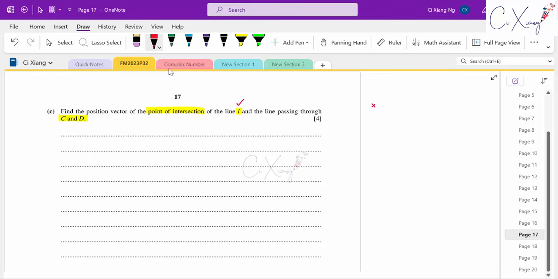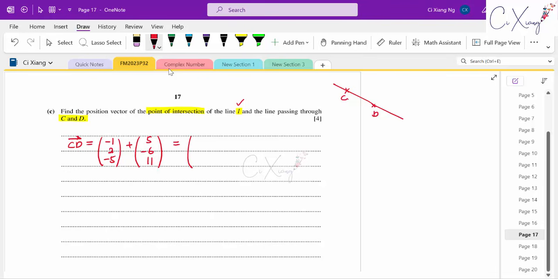Again, like what I mentioned earlier, since the line passes through C and D, let's say this is C and this is D, the direction of the line can be CD or DC also can. So I'm using CD here. CD means CO plus OD. CO is this one, (-1, 2, -5). Then plus OD, which should be (5, -6, 11).